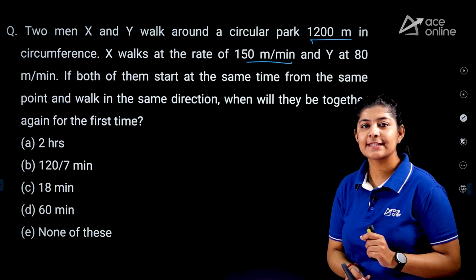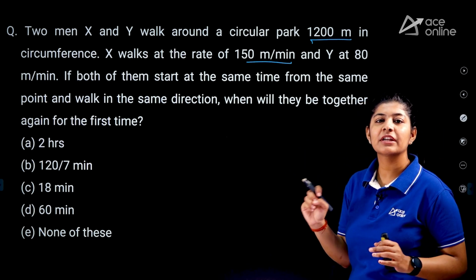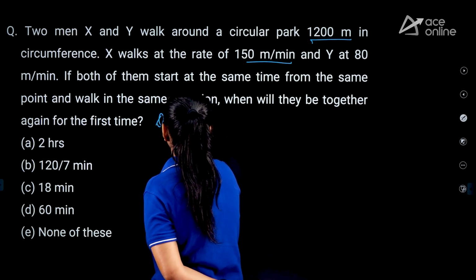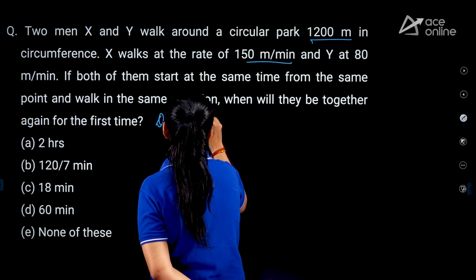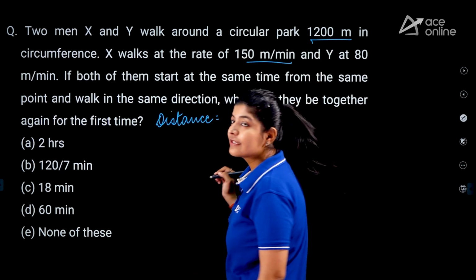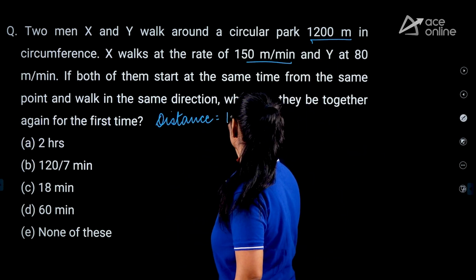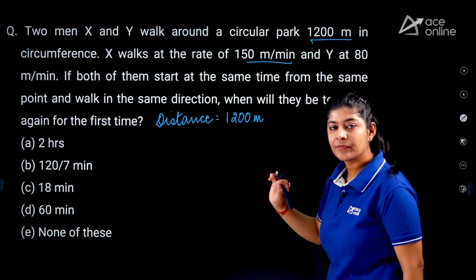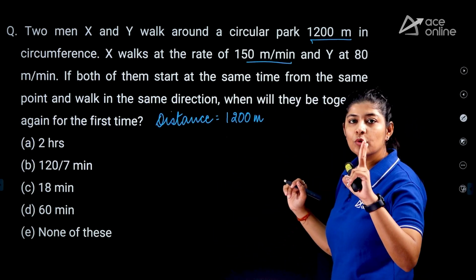Okay, let's start solving it. So the question says that here we are having a total distance of 1200 meters, right? Now we know that we are having two men.